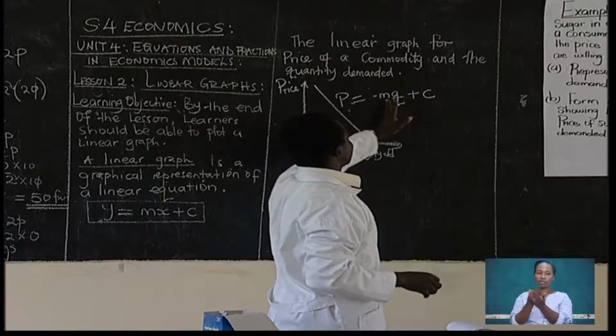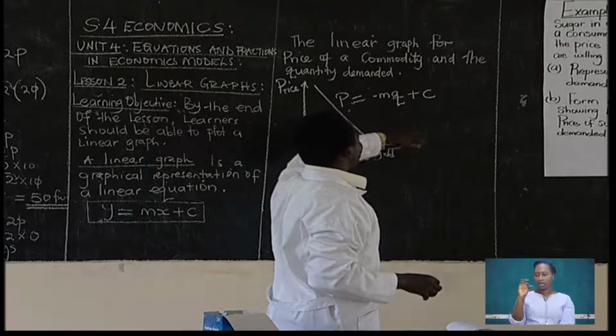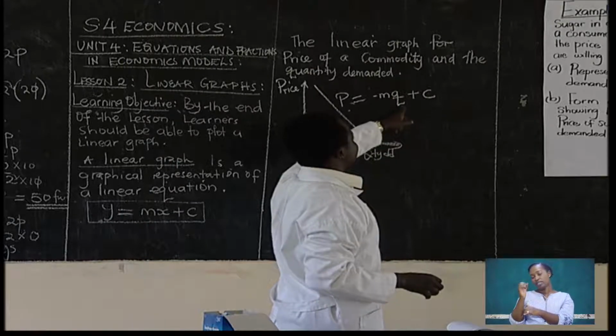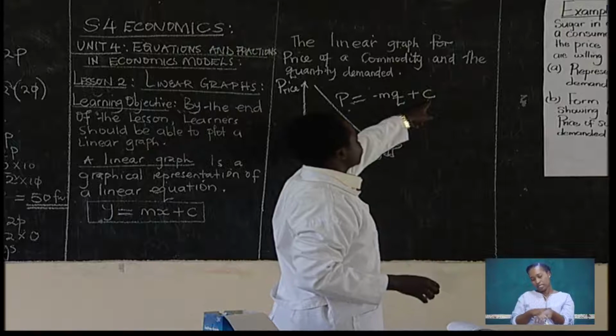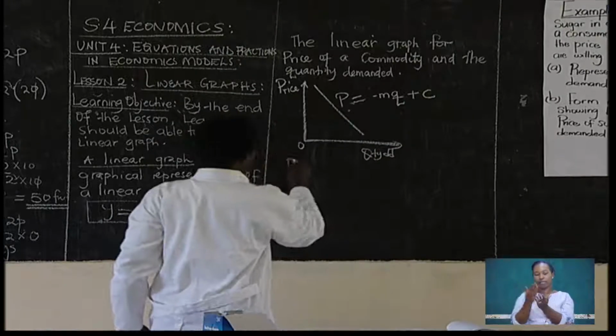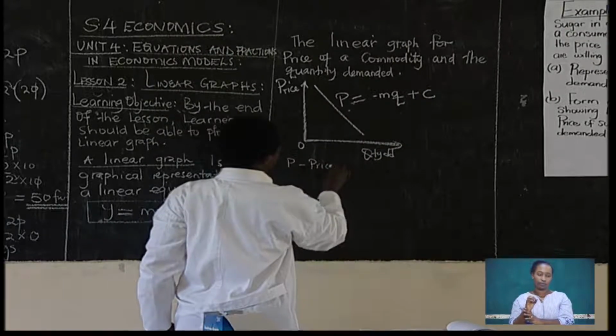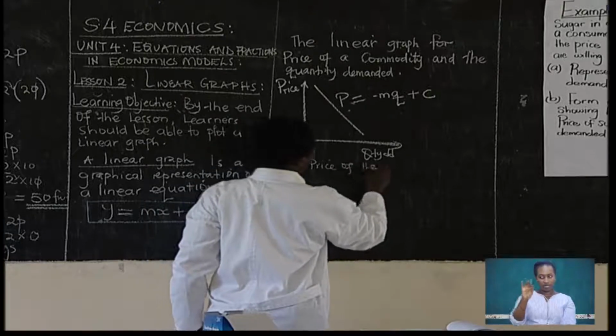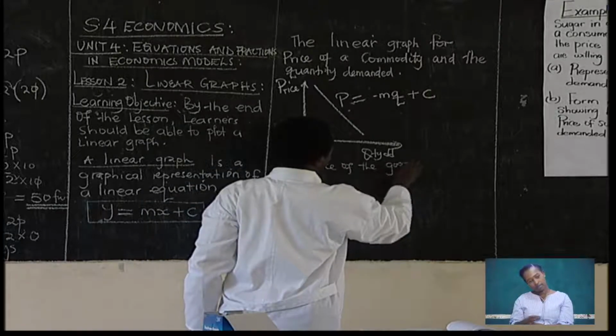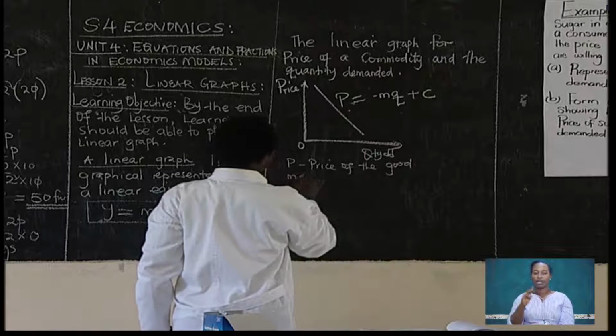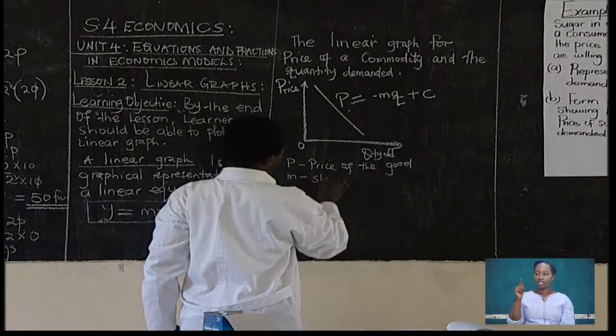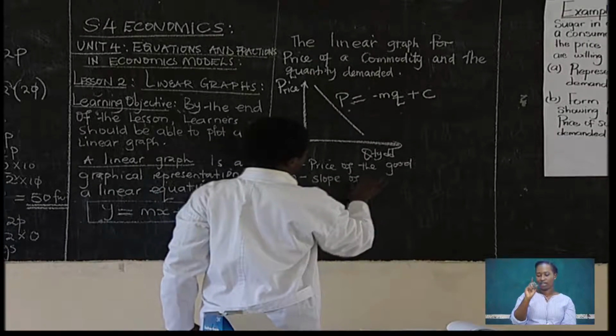The constant c is the price when quantity demanded is 0. That would be the value of c. So here P is the price of the commodity, the price of the good. Then m is the gradient or slope of the graph.